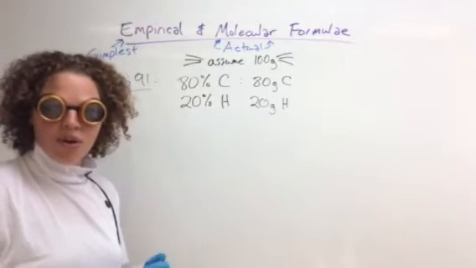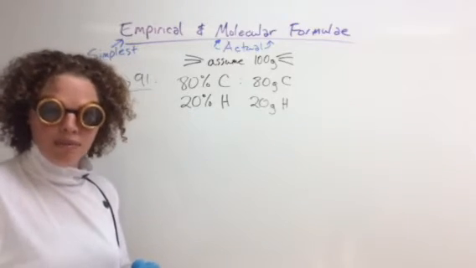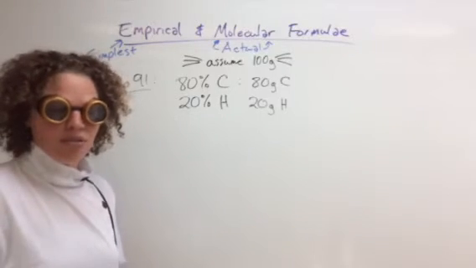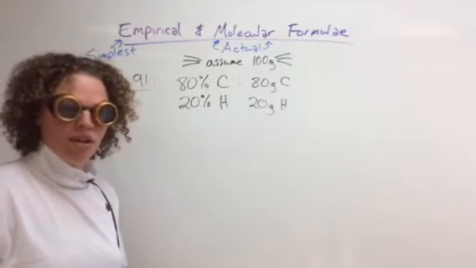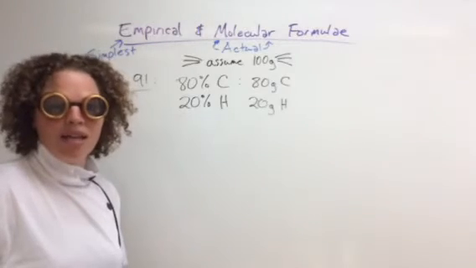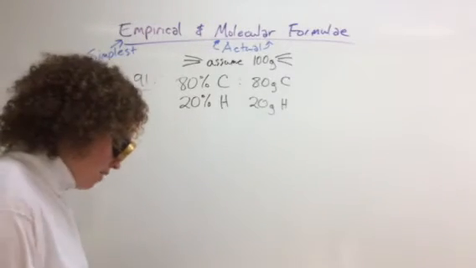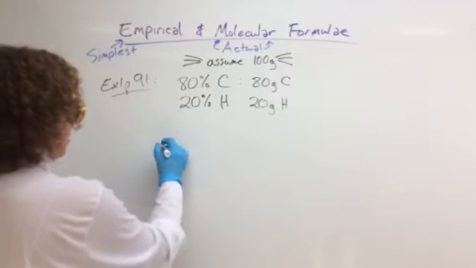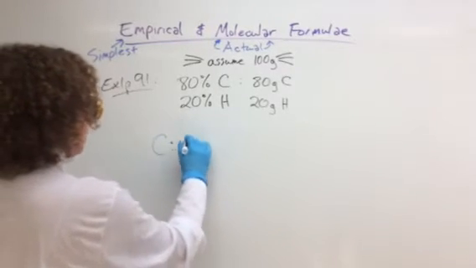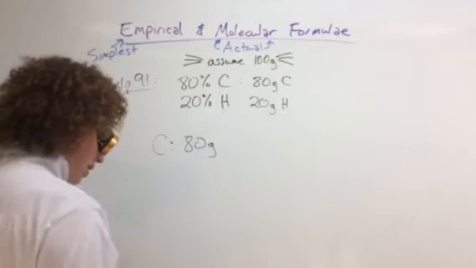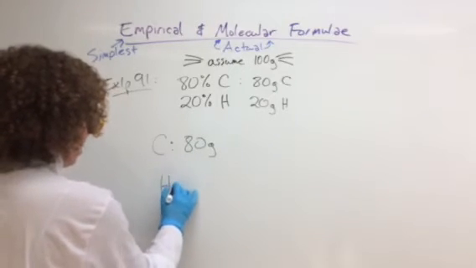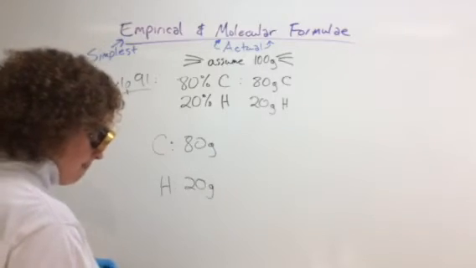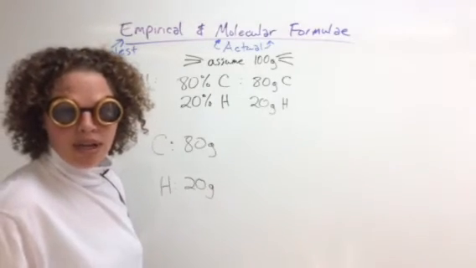Of course, I know the molar mass of carbon and I know the molar mass of hydrogen, so I'm going to use those to help me figure out actually how many carbons and how many hydrogens I have. So the easiest way to do that is I'm going to set it up down here. I'm going to go carbon is 80 grams and hydrogen is 20 grams. How many moles do I have of each?